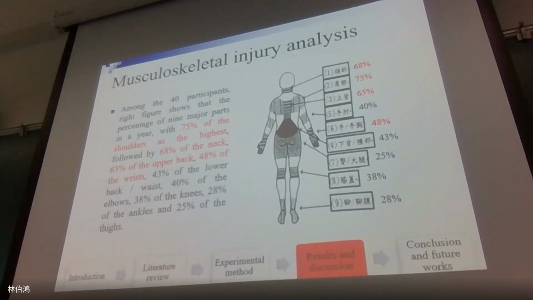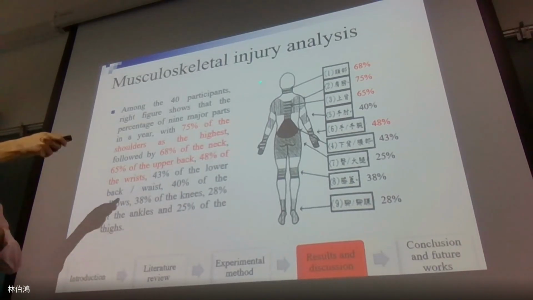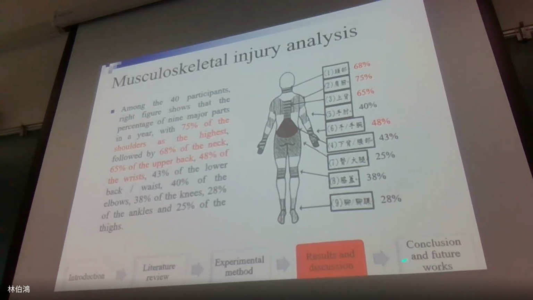Finally we talk about the result of the MNQ. Just like I said, this is a very important part to investigate your symptoms of discomfort within 1 year.